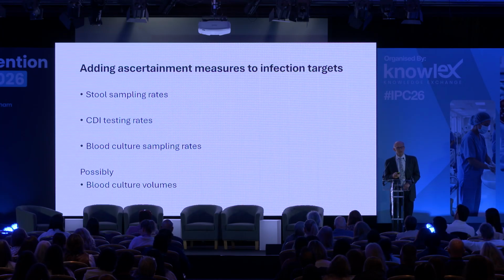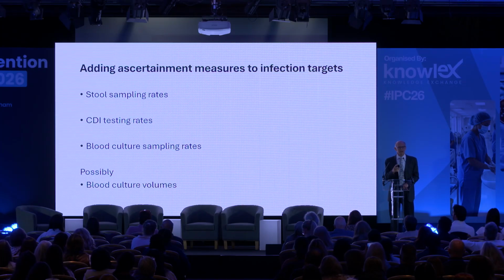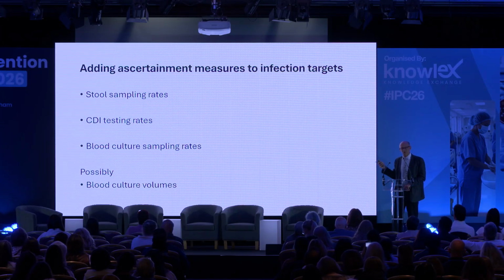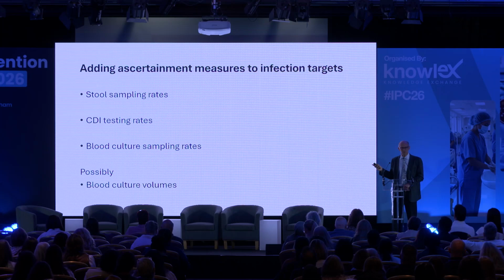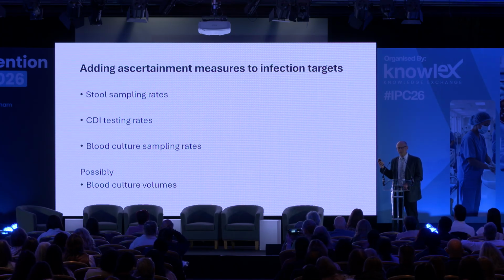In terms of gram-negative bloodstream infections, how can we meaningfully compare trusts or even know how well a trust is performing if we don't know how hard they are trying to carry out blood cultures? So what is their blood culture sampling rate? These data are already collected, but they've never been used in anger.